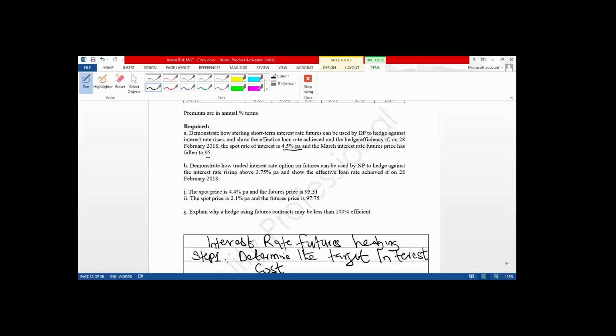All right. We want to use traded interest rate options now. What are the steps to be taken? Let us follow the step.